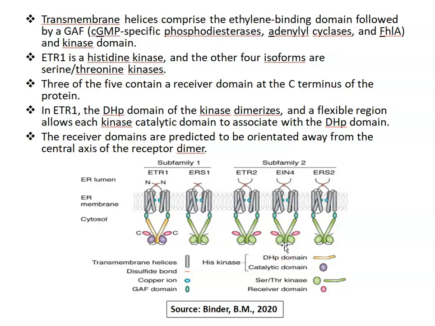Now, in ETR1, the DHP domain of the kinase dimerizes, and a flexible region allows each kinase catalytic domain, this purple one, to associate with the DHP domain, right? Now look at this structure. Receiver domains are predicted to be oriented away from the central axis of the receptor dimer, right?